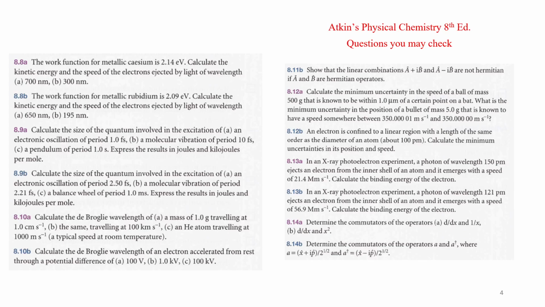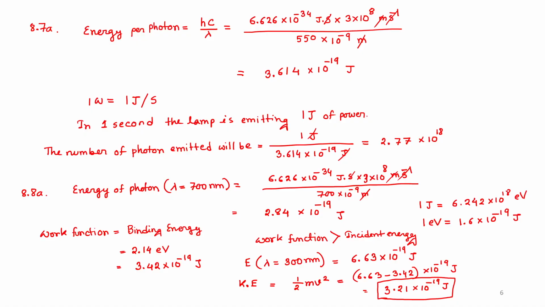If it is passing through 10 to the power 5 volt, then the kinetic energy is 10 to the power 5 electron volt. So you know the kinetic energy. You need to calculate the de Broglie wavelength, the lambda. So what is the relationship between the lambda and the kinetic energy?